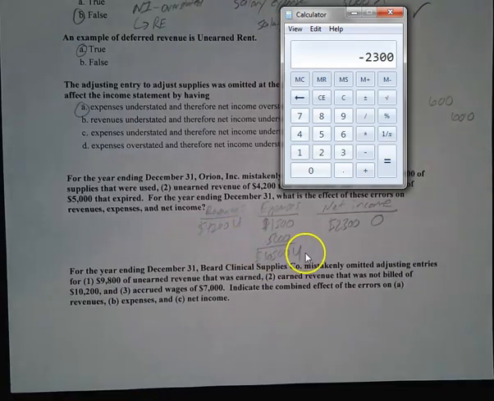Because there were $2,300 in expenses net between the two of these that didn't come off of net income. Okay, so while revenues are understated and expenses are understated, understand that when we understate expenses, that causes net income to be overstated. Okay, now we offset part of that because we made so many mistakes, but ultimately net income here is going to be overstated by $2,300.